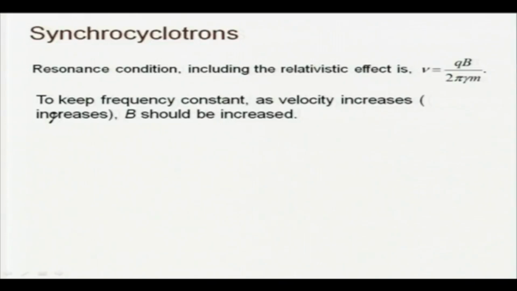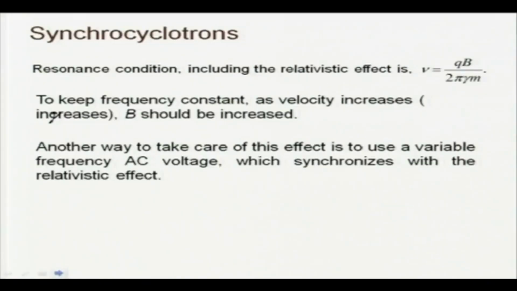To keep the frequency constant as velocity increases, which means gamma also increases, one way is to increase B as gamma increases. So, when the velocity is increased, gamma will increase, and accordingly if you change the magnetic field, then the resonance condition can be maintained.